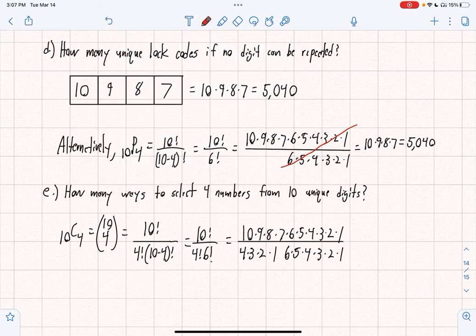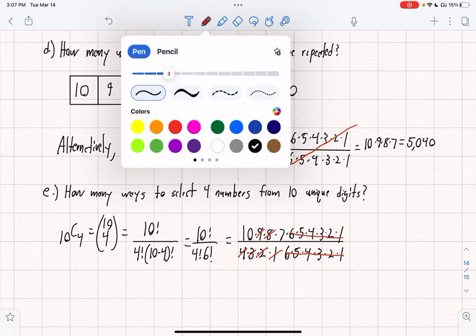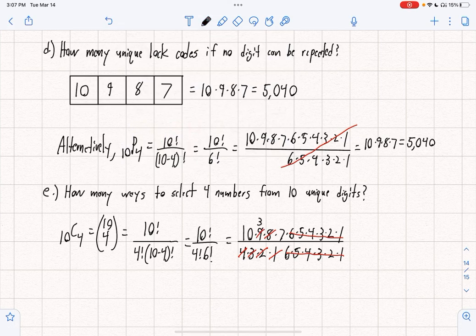So just before, I'm going to cancel the 6 with the 6. The 1 doesn't matter. I'm going to cancel this 4 and 2 with the 8 because 4 and 2 makes 8. And I'm going to cancel this 3 with this 9, which will give me a 3. So this leaves me with 10 times 3 times 7, which is equal to 210.